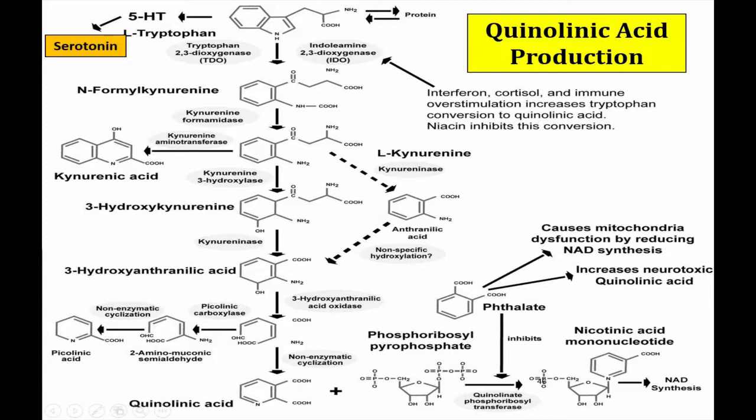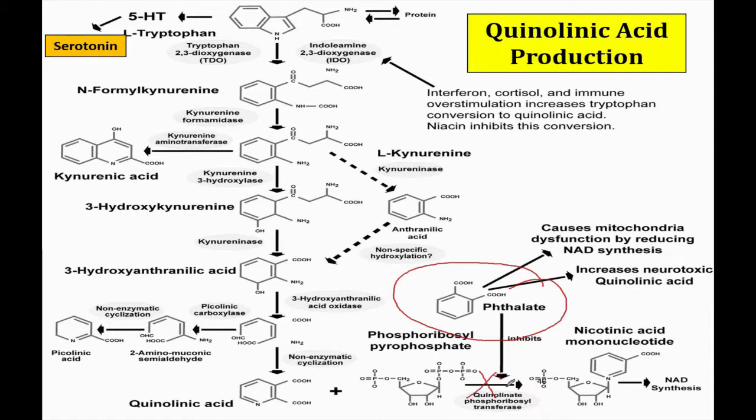One other thing to keep in mind too, and this often gets overlooked, is right here, phthalate. Phthalate is a chemical that's measurable off of the Great Plains Laboratory GPL-TOX test, the chemical toxin profile. In the presence of elevated phthalate, the phthalate could inhibit this specific enzyme, this converting enzyme of quinolinic acid.